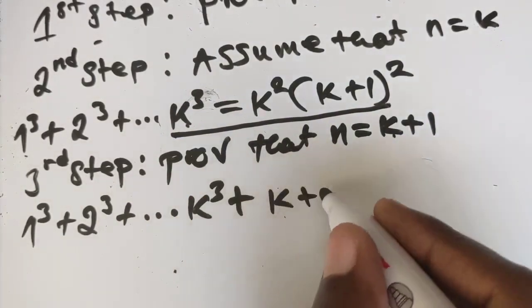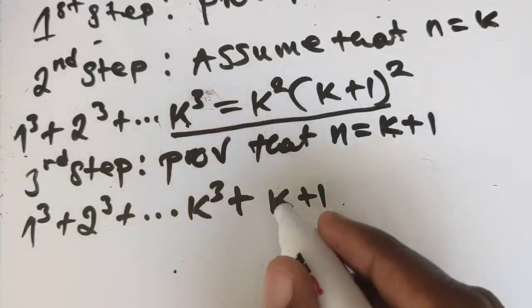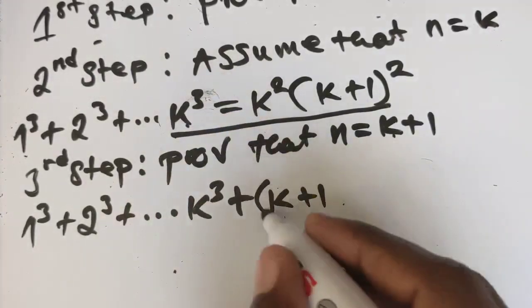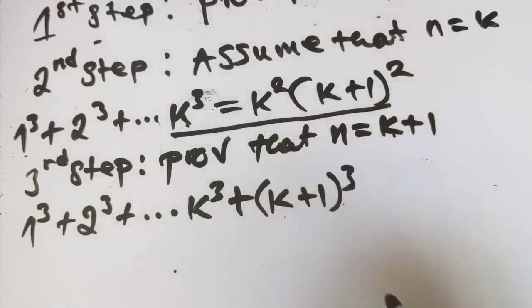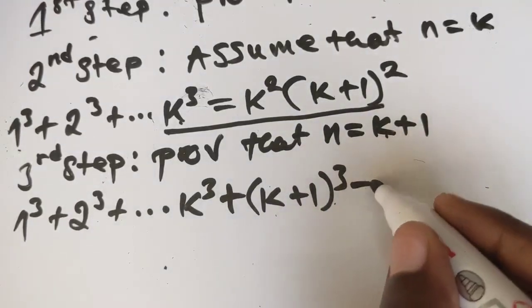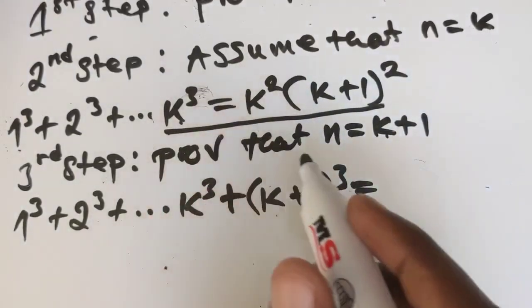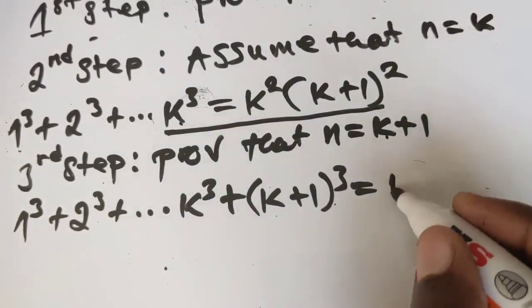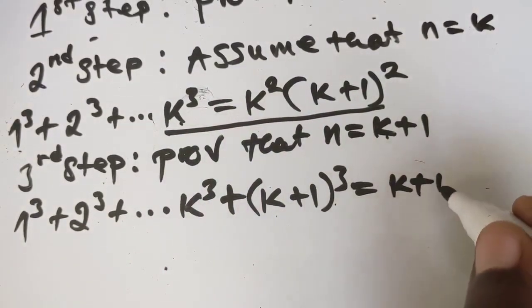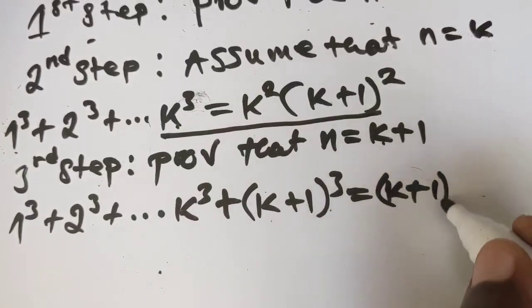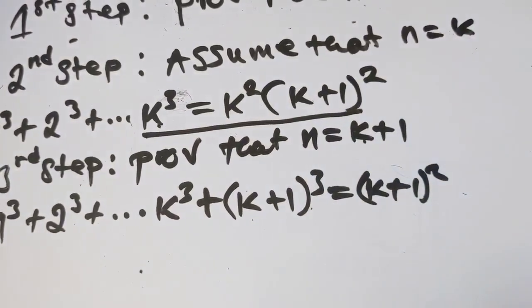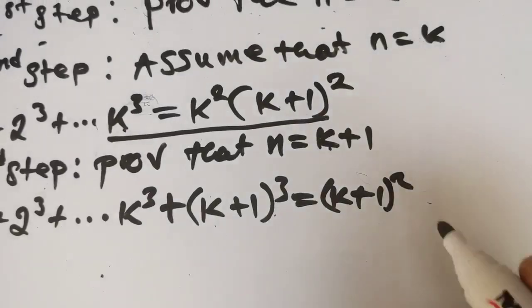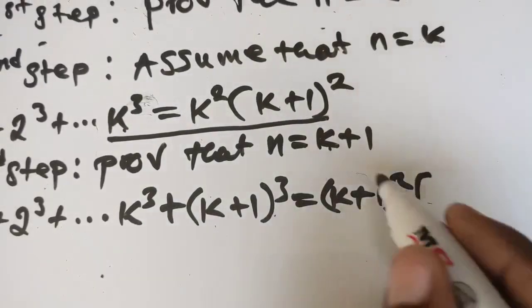Since it is to the power 3, we put power 3 like that. Then is equal to, this is k to the power 2, so it's going to be k plus 1 to the power 2. Then this is another bracket here.